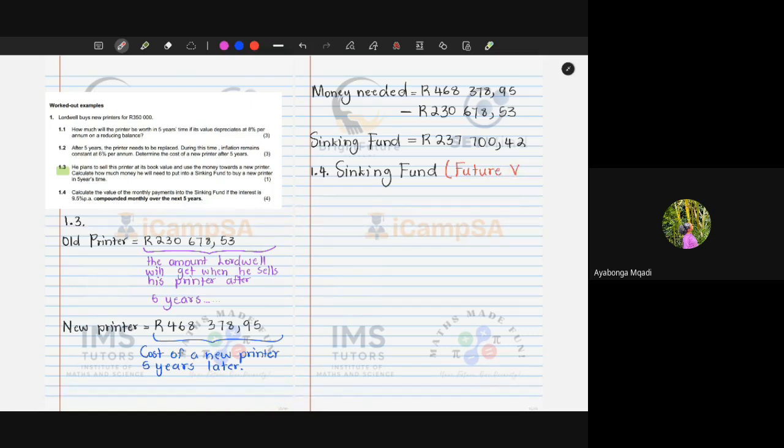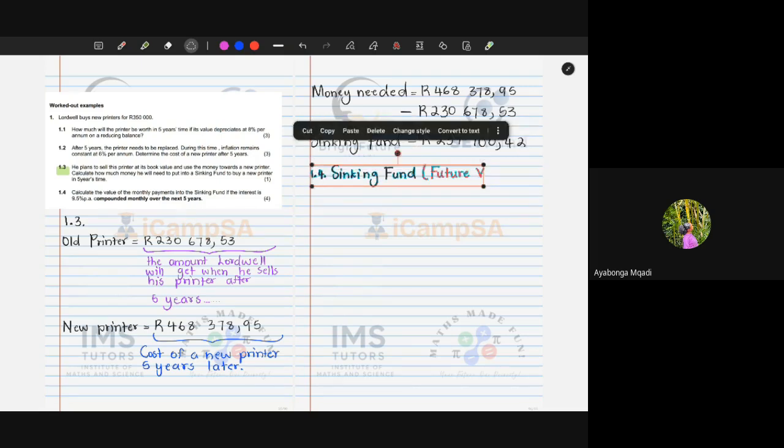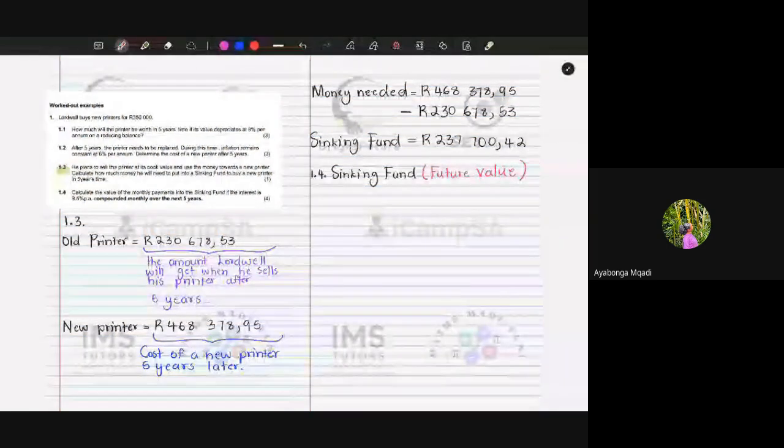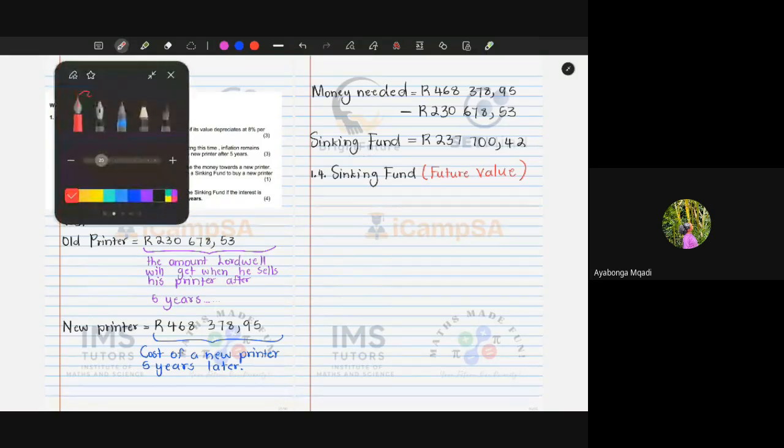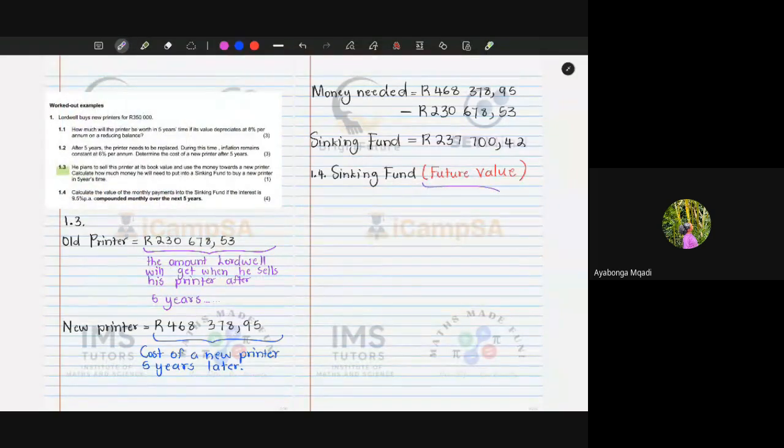That is very important, guys. When you see sinking fund, they are asking us how we can invest that total amount for the future. So Mr. Lordwell knows that he's going to need 237,000 5 years later. So he's going to set up a sinking fund where he will do monthly savings.